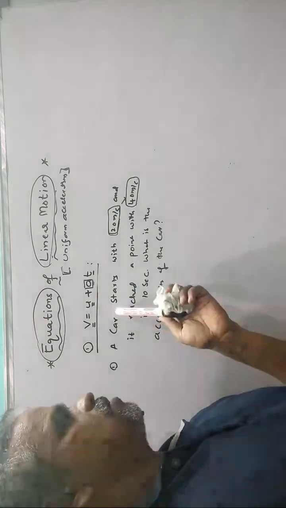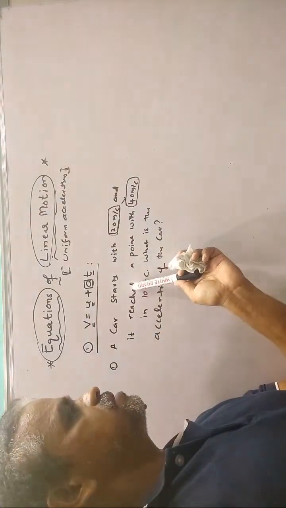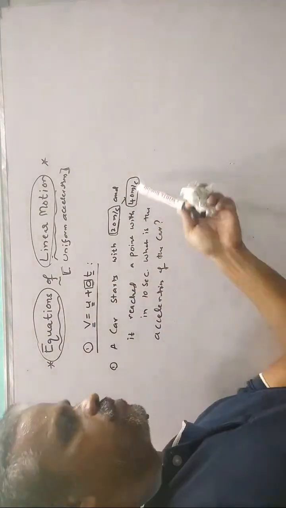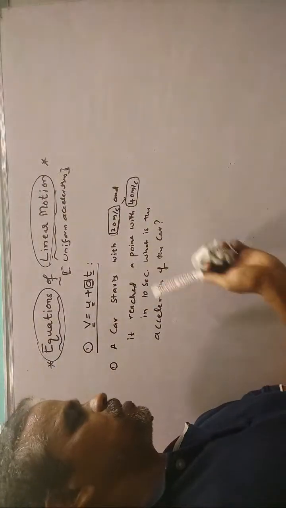So what is here? A car starts with 20 meter per second and it reached a point with 40 meter per second in 10 seconds. What is the acceleration of the car?